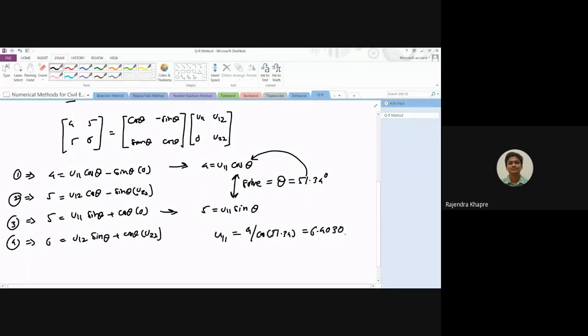So this is going to give you the value of U11. Okay. So we have successfully calculated two unknowns, theta and U11. Now you can rewrite expression number 2 and expression number 4 by substituting the value of theta, so that you get two equations involving two unknowns, U12 and U22, and solve. Very simple.